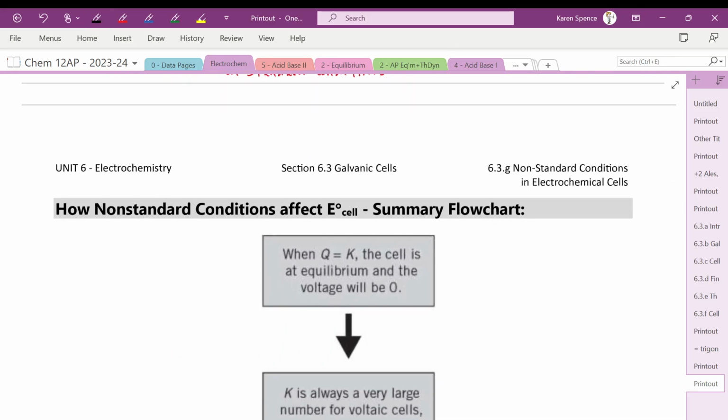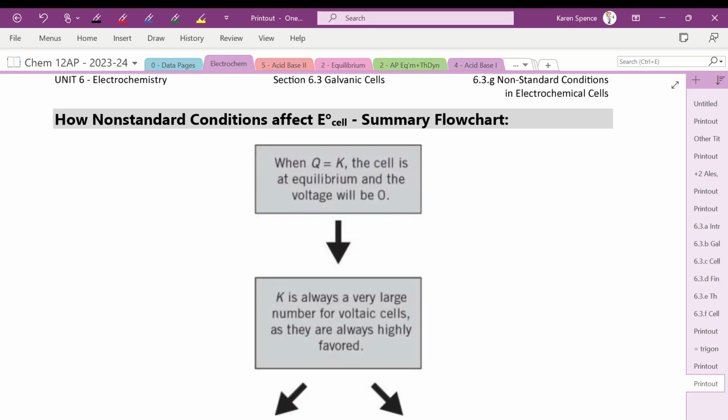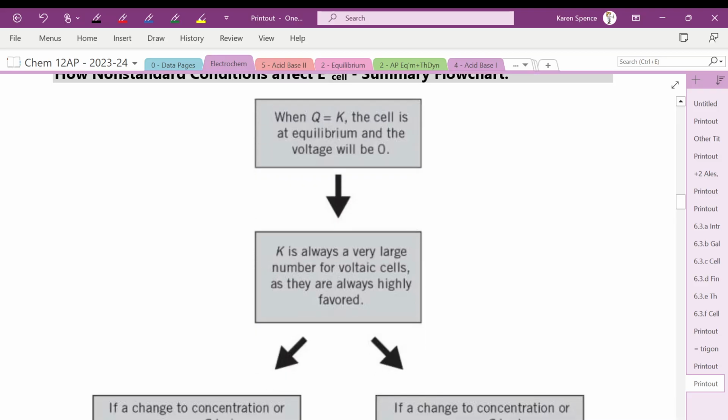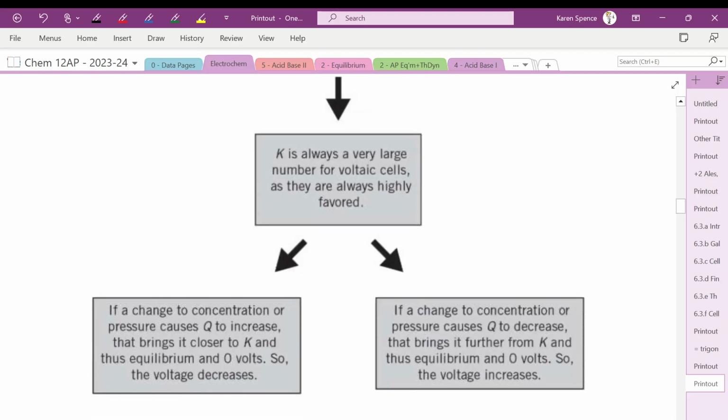All right? Here is a summary showing it in simpler terms. When Q is equal to K, the cell is at equilibrium and the voltage will be 0. Q is always very large for voltaic cells as they are always highly thermodynamically favored.